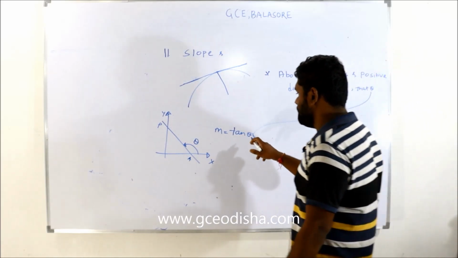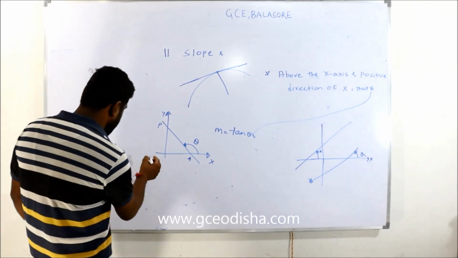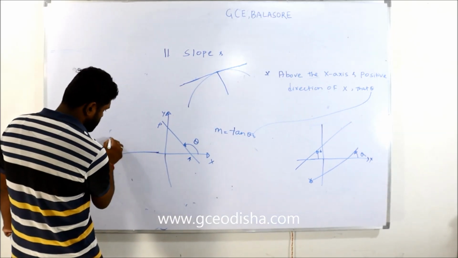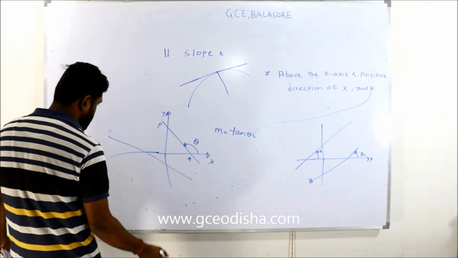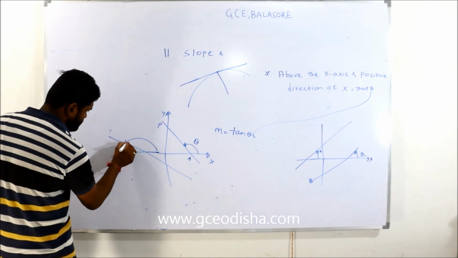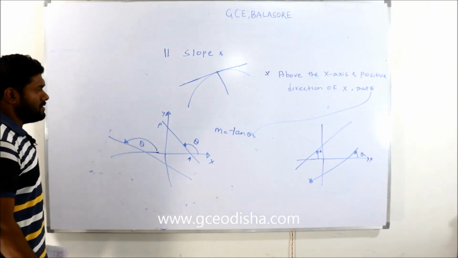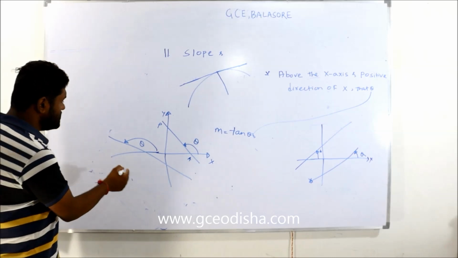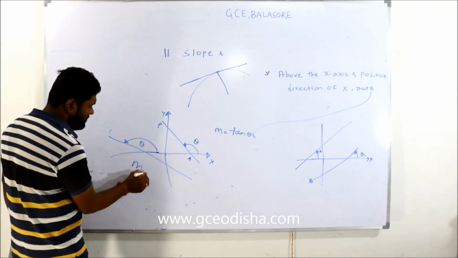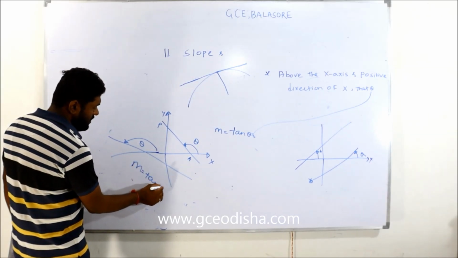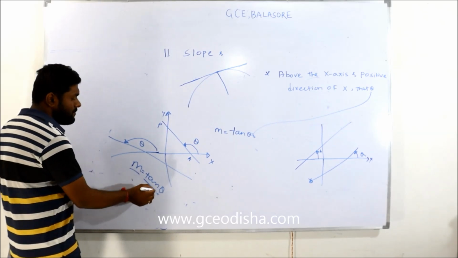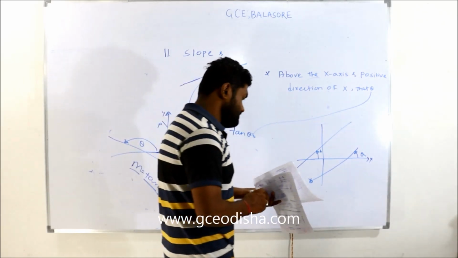That is termed as theta. If the line is like this, then this is the theta. Then when you take m is equal to tan of theta, that tan of theta value is termed as slope.